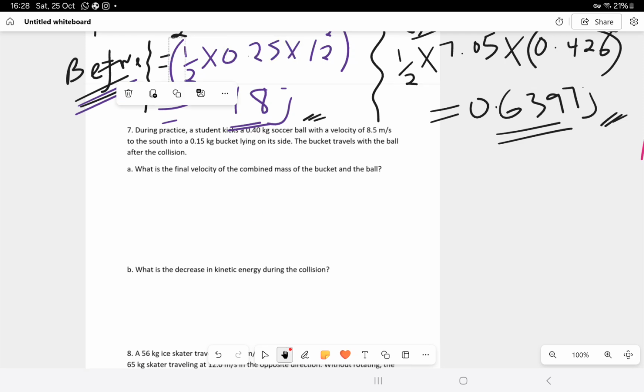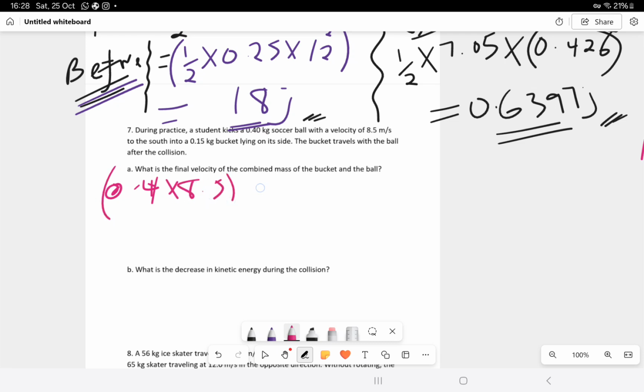So M1V1, 0.4 multiplied by 8.5, plus 0.15 multiplied by 0.